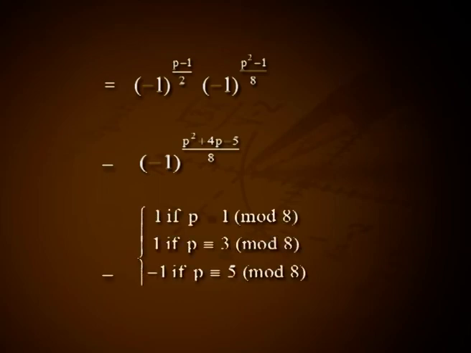Now, (-2/p) is equal to (-1/p)(2/p) by the properties of the Legendre symbol, which is equal to (-1) raised to (p-1)/2 times (-1) raised to (p²-1)/8, which is equal to (-1) raised to (p²+4p-5)/8, which is equal to 1 if p is congruent to 1 mod 8, 1 if p is congruent to 3 mod 8, -1 if p is congruent to 5 mod 8, and -1 if p is congruent to 7 mod 8.